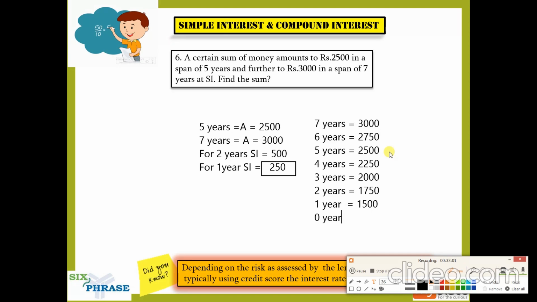At 0 years, you will get 1250, and my principal is nothing but 1250. This is my principal, guys, 1250. See how easy it is. You can also use the formula, but I think you'll have a hard time using the formula. This is very easy. This is understandable, right?